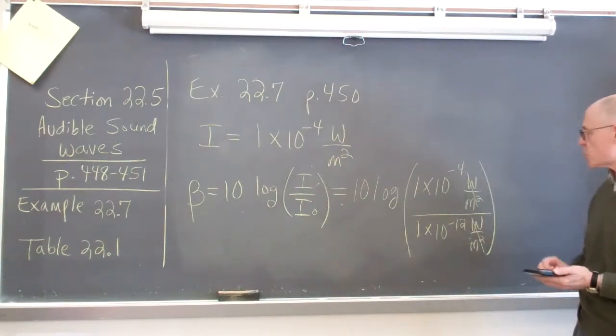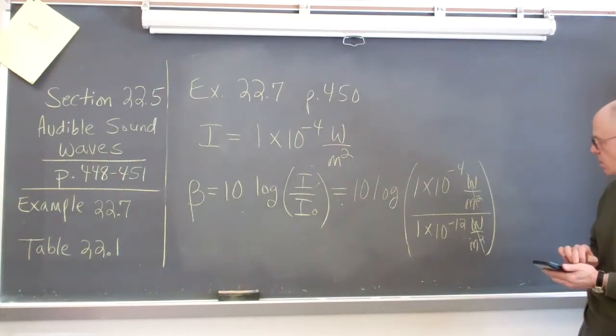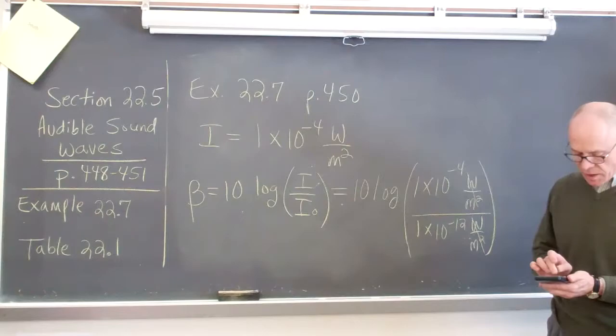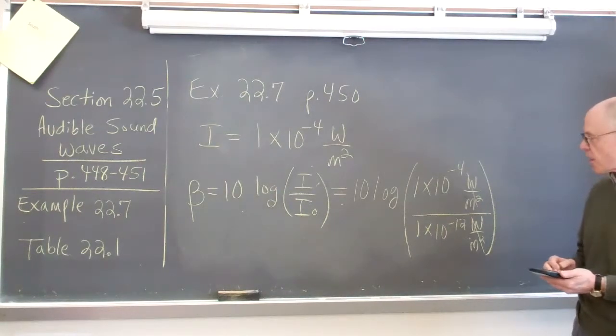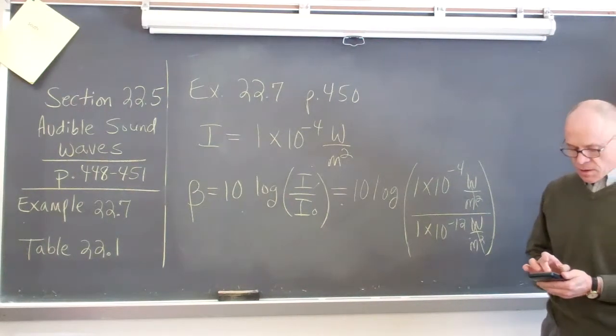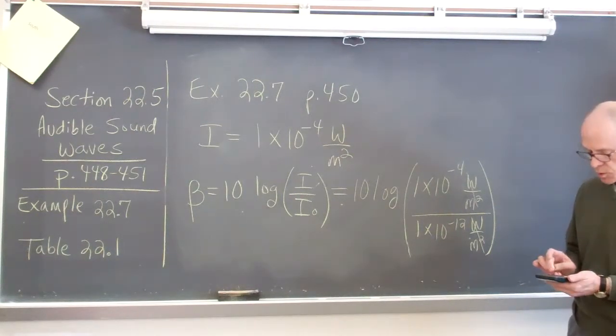So the first thing you would do is enter 1 times 10 to the minus 4 divided by 1 times 10 to the minus 12. And then, once you have that, press your log key on your calculator and then multiply by 10.